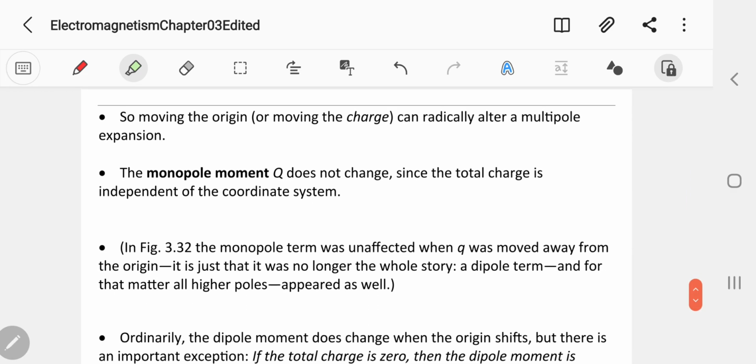By the way, the dipole moment was qd. The monopole moment is just equal to q.